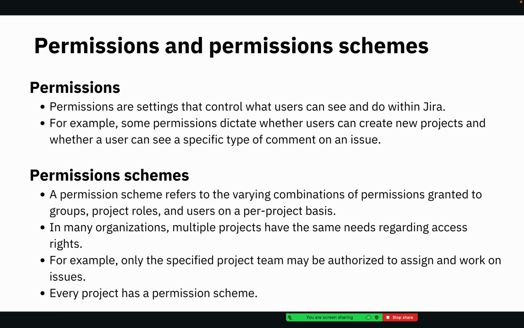So permissions are permission schemes. Permissions are settings that control what users can see and what they can do within Jira. For example, the same permission can dictate whether users can create new projects or whether a user can see a specific type of comment on an issue, right?